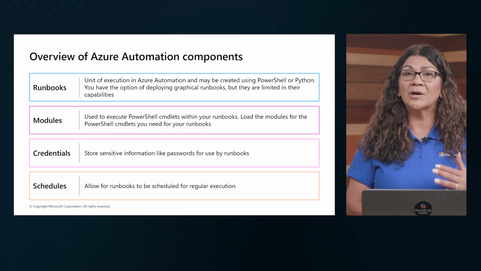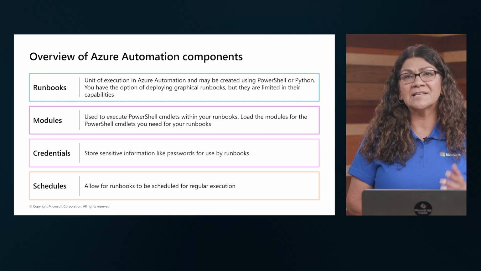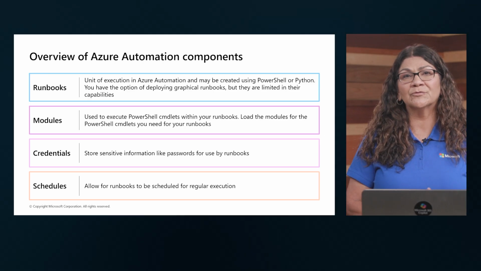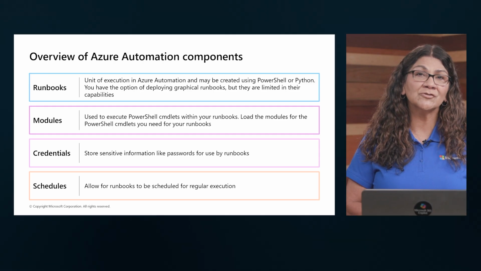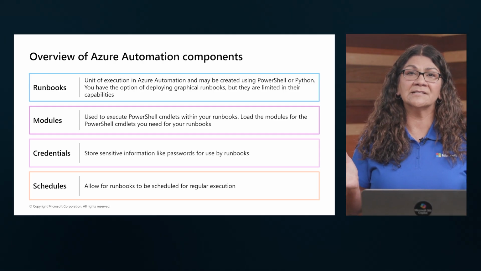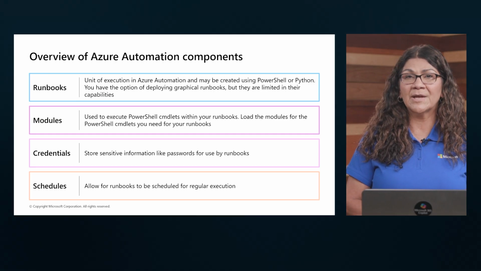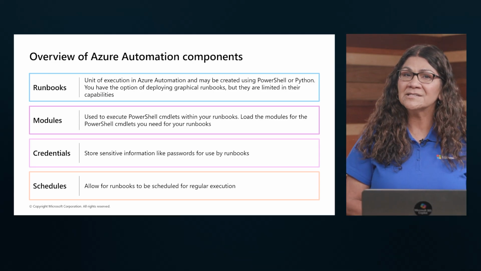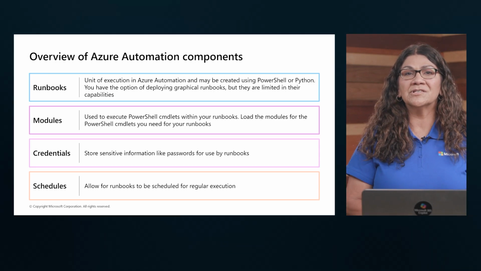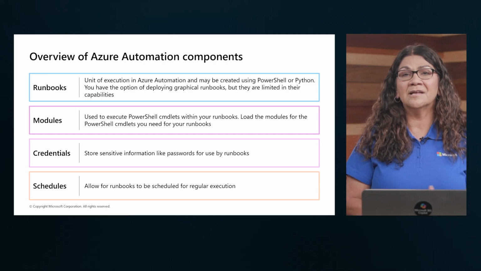Modules extend runbook functionality by importing necessary libraries, such as the az.sql module for database management of SQL and more, ensuring scripts have access to the right cmdlets. Credentials securely store sensitive information like passwords, allowing runbooks to authenticate without exposing secrets in code, which is vital for tasks like accessing secure databases.